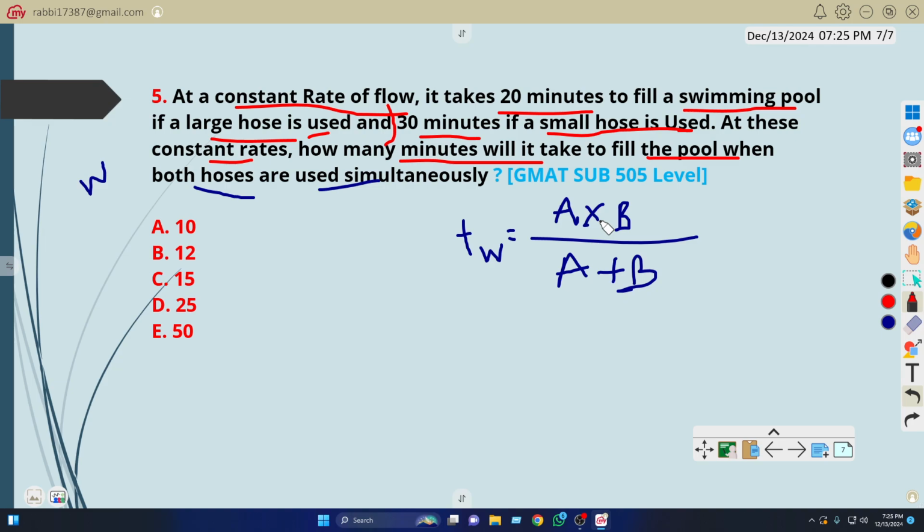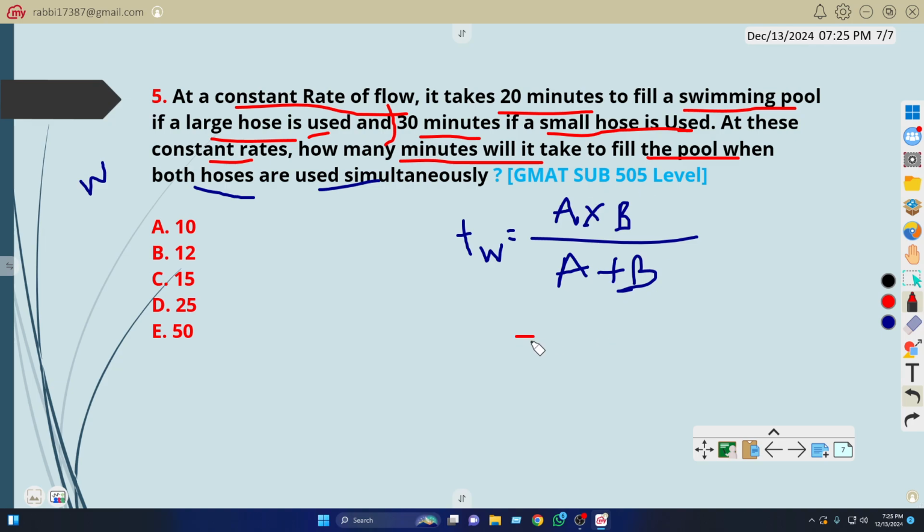So that's time of work done, because there are 20 minutes and 30 minutes, two different times. When a constant rate of flow or work done takes various, different times, we should use the formula time of work, which is TW.